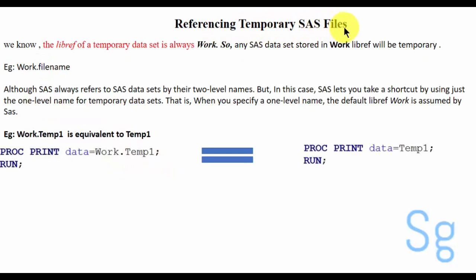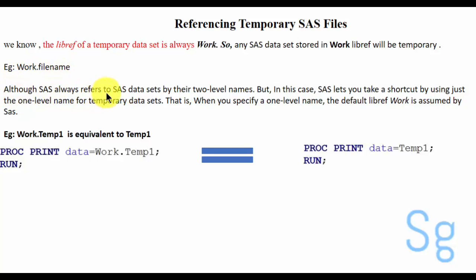Referencing temporary SAS files. We know the libref of a temporary dataset is always work. So, any SAS dataset stored in the work libref will be temporary, for example, work.filename.